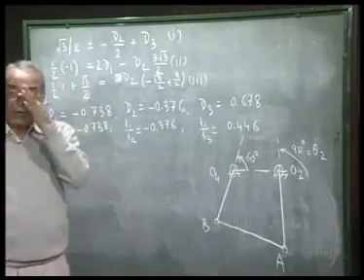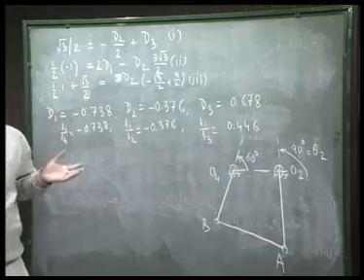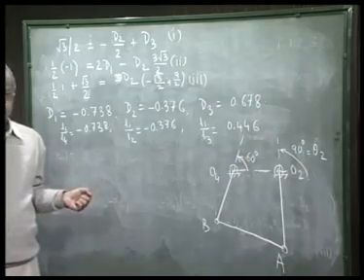This is what we mean by Freudenstein's method as applied to a 4R linkage.